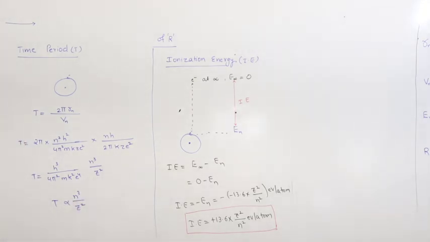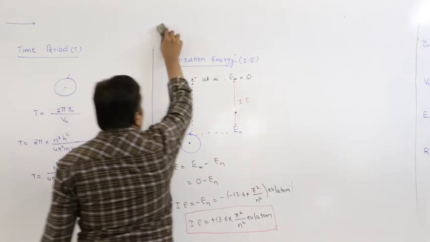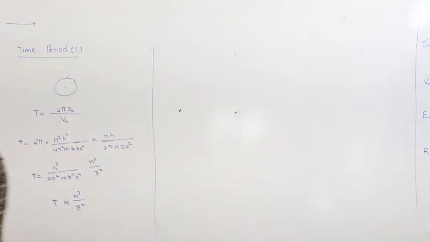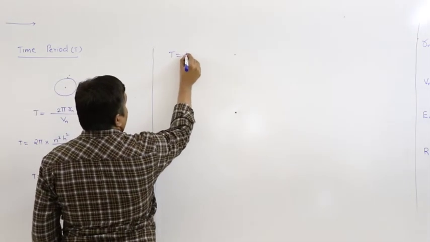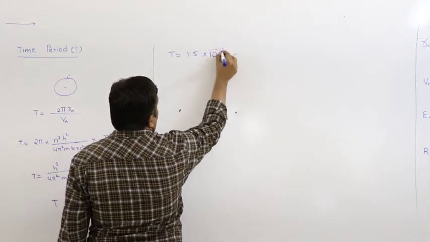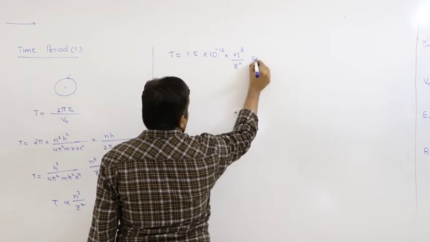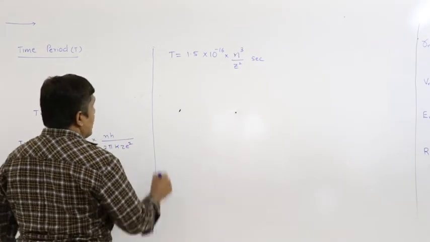So if you substitute these values and simplify, time period equal to 1.5 into 10 power minus 16 into n cube by z square seconds. Similarly, you can calculate orbital frequency.